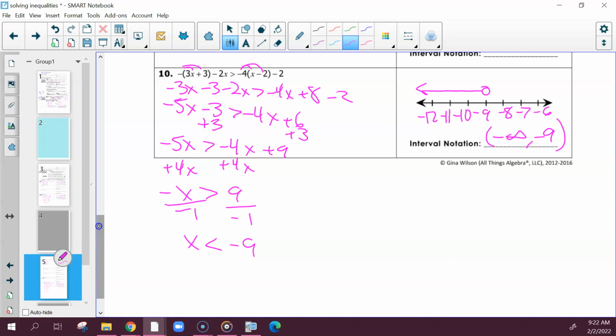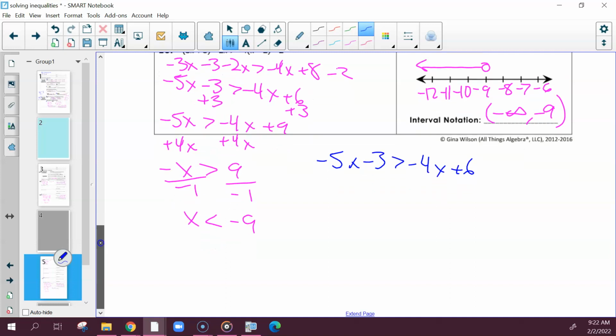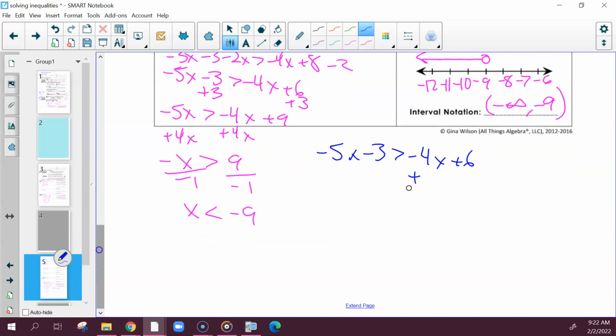Okay. I do want to show you two things really quickly. Let's say we're back at this step, and instead of moving our number first, we move one of our variables. Let's say I did it this way, so that my variable is now on the right instead of the left.